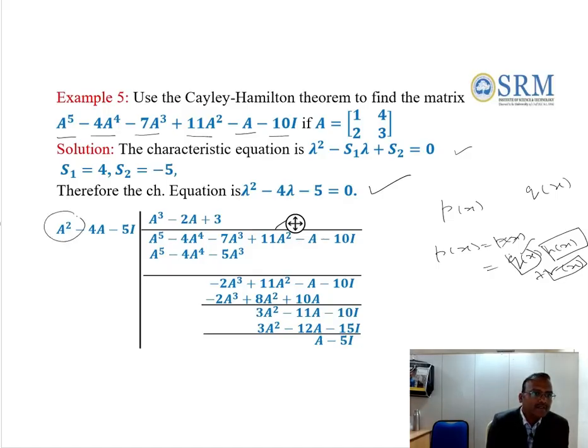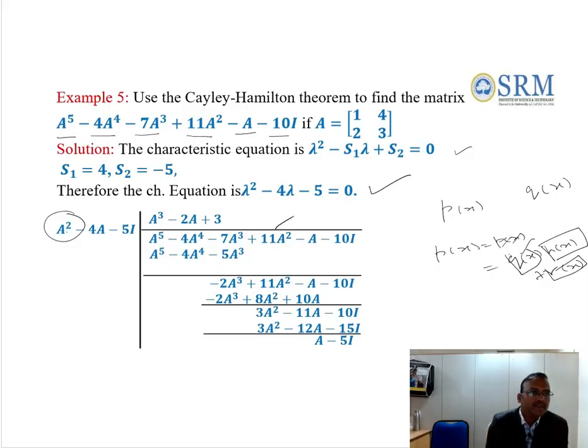Okay, look at this. The first term here is A square, but I want A power 5. If you multiply this A square with A cube, then I will get A power 5. Therefore, the first term in the quotient polynomial is A cube.